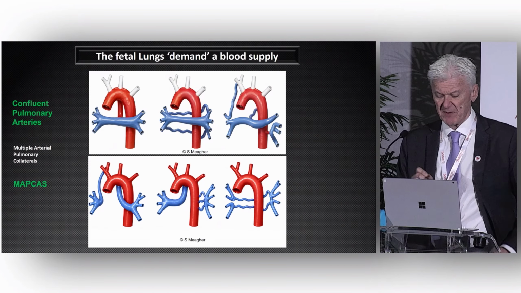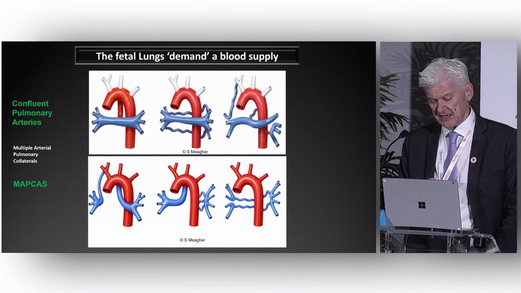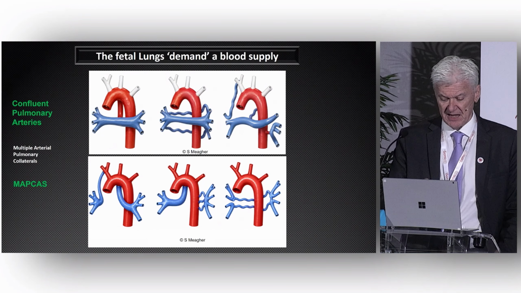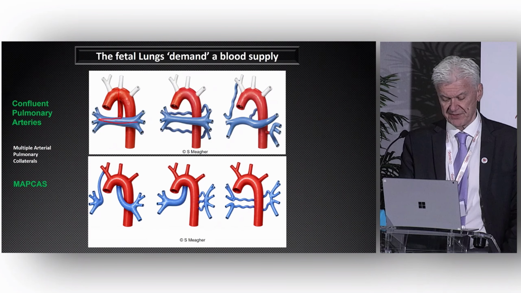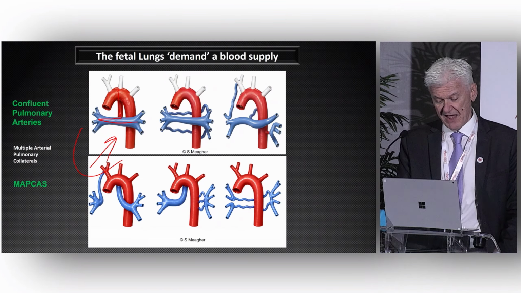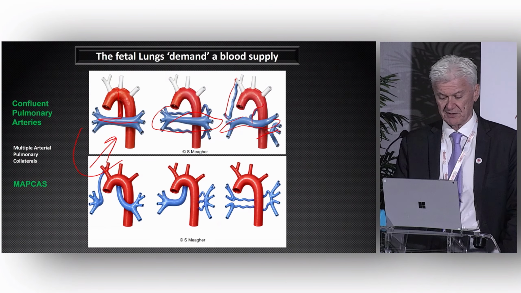So this is in the babies who have pulmonary atresia, and you want to know where the lungs are getting their blood supply. For most of these, it comes out of the aorta, down the duct, and then feeds the pulmonary arteries. Nothing is coming out of the right ventricle. In this case, we have native pulmonary arteries, but they're getting feeds from different strange vessels: descending aorta, subclavians.